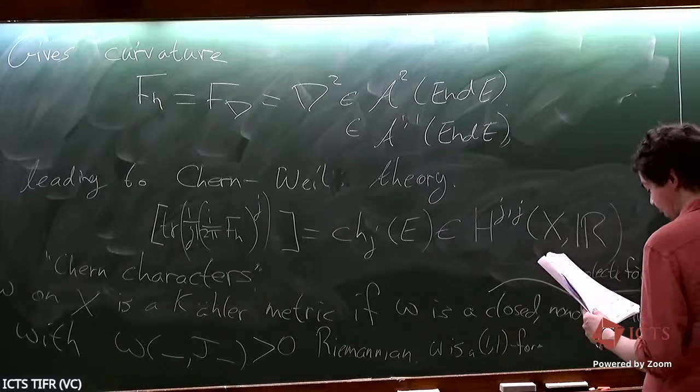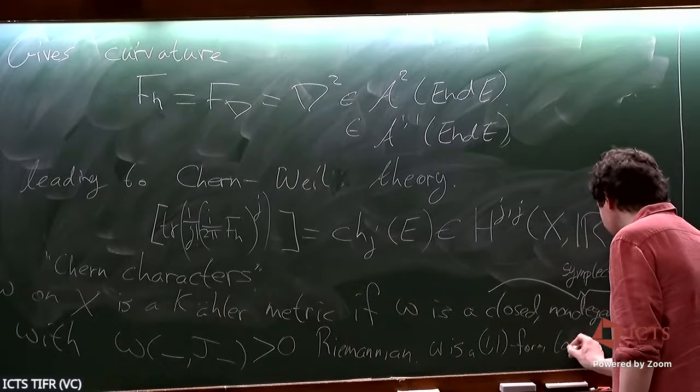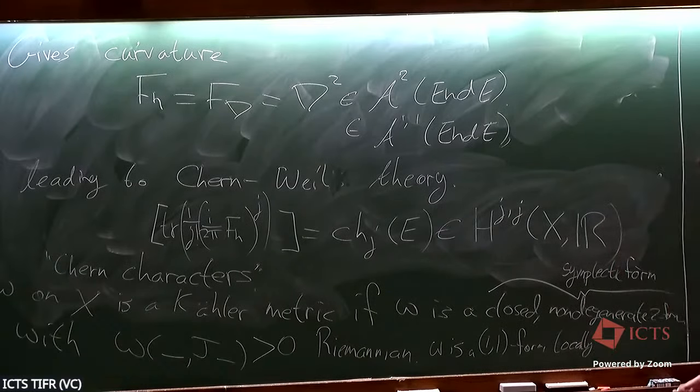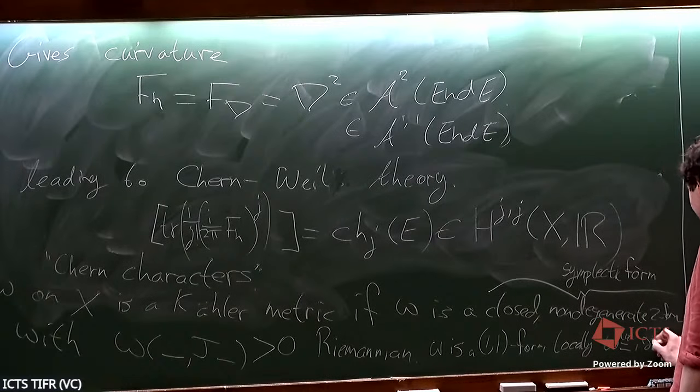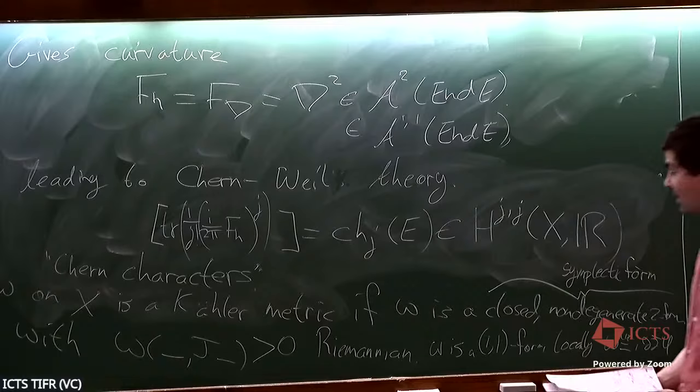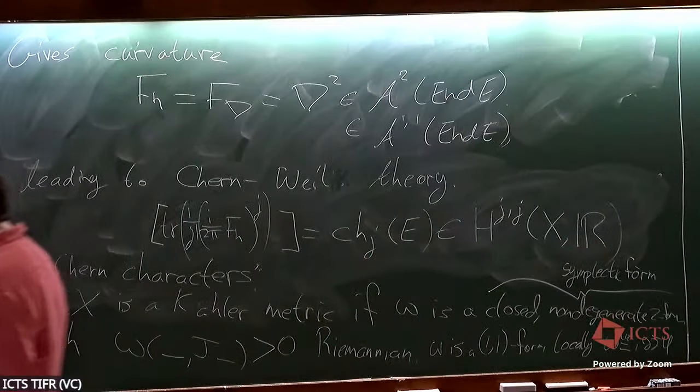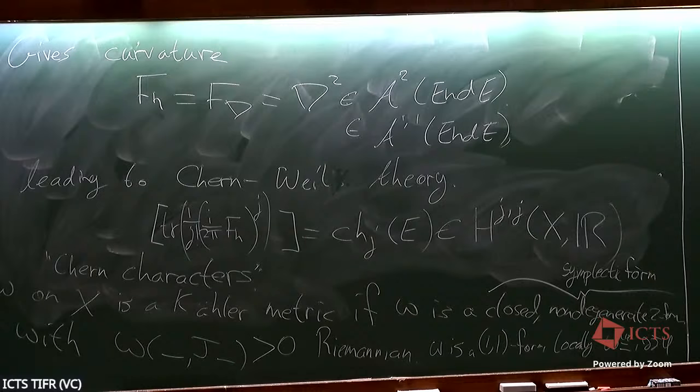If I take a sufficiently small open set in X, omega is locally the complex Hessian of a function. So we get these operators del and del bar refining the d operator on a complex manifold, and locally our Kähler metric is just the complex Hessian of a function. Okay, and I just want to mention one final result before moving on from this very rapid review of complex geometry.